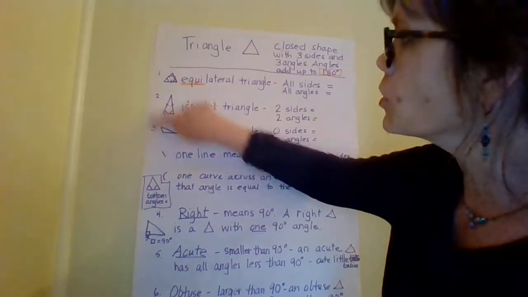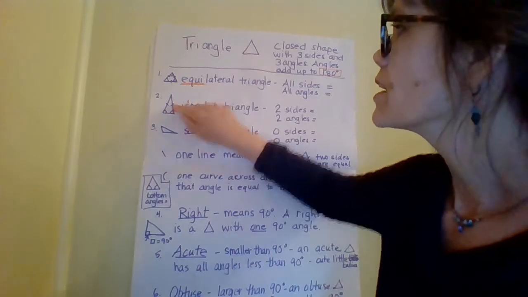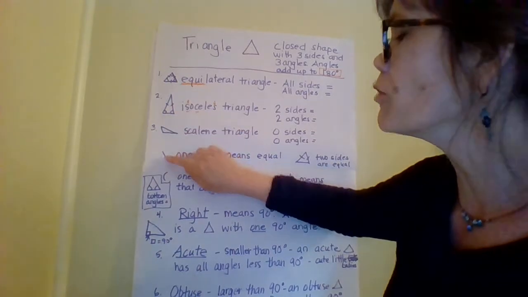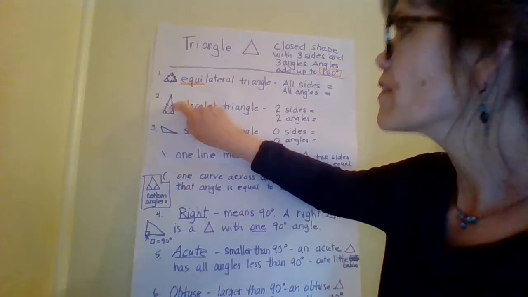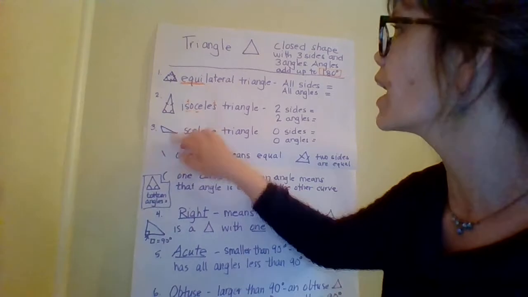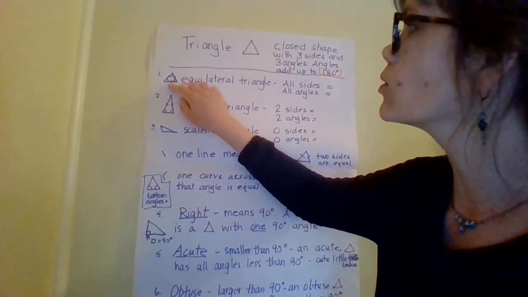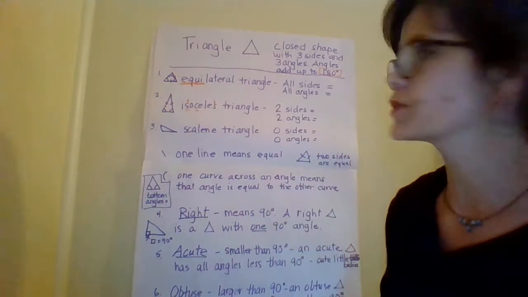Now, if you look closely at my chart here, you can see that there's some markings. So when mathematicians put one line on a side, they're telling you that side is the same as any other side that has that one line on it. So in an equilateral triangle, you could put a little line on all three sides because they're all three the same.